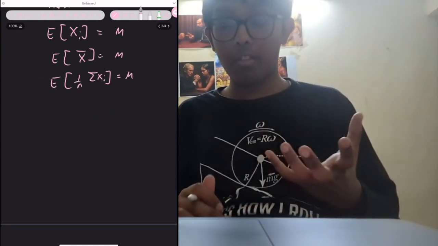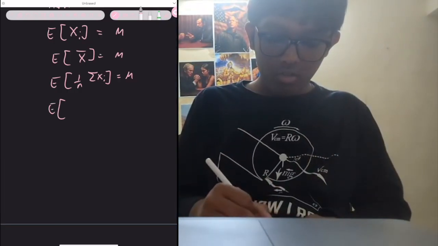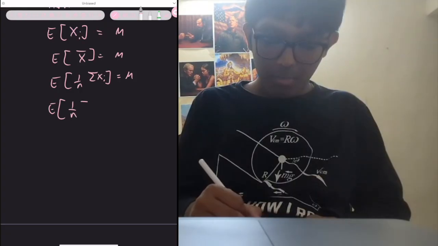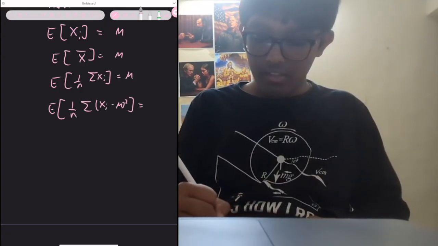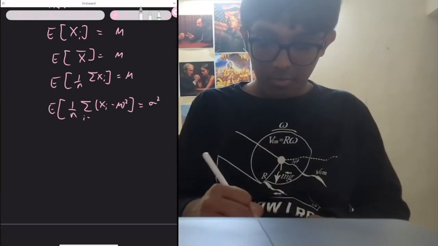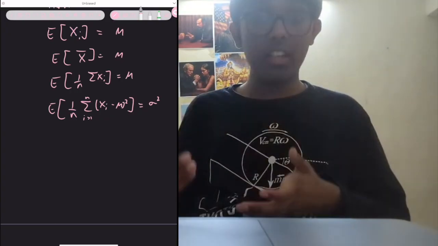And from the definition of how variance is taught, the expectation of 1 by n summation from i equal to 1 to n of xi minus mu whole square is equal to sigma square.